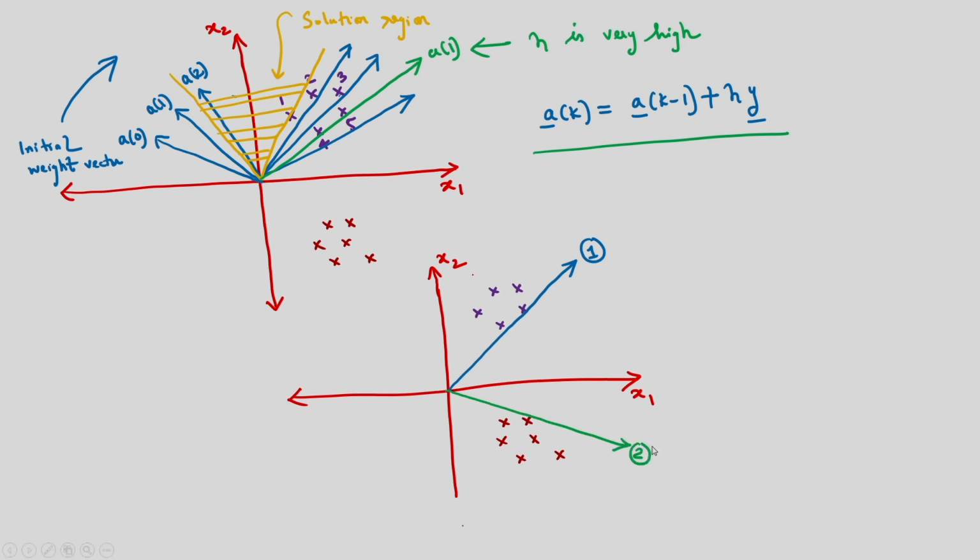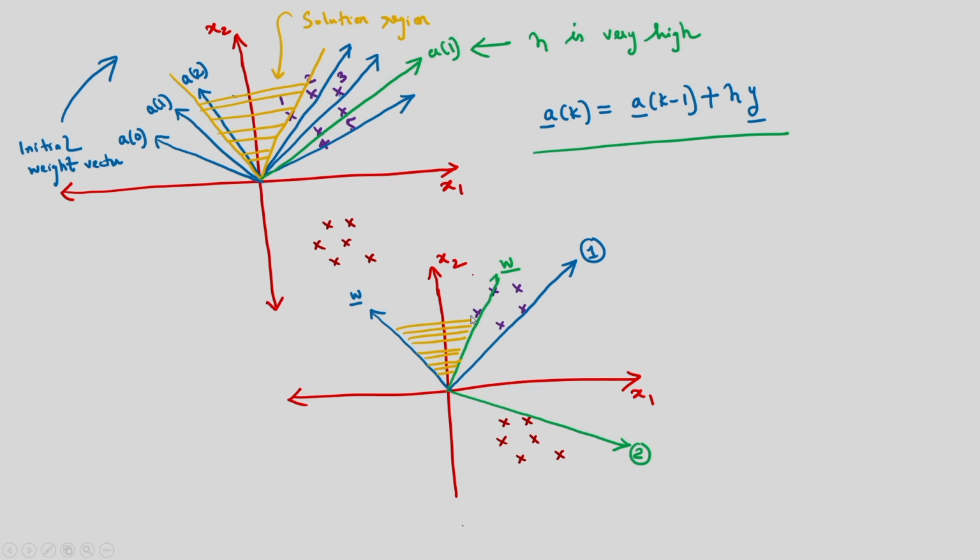Corresponding to decision boundary number 1, I can draw the weight vector. The weight vector is orthogonal to the decision boundary. So this is the weight vector. And corresponding to decision boundary number 2, I have the weight vector like this. This is my conical region, that is the solution region.